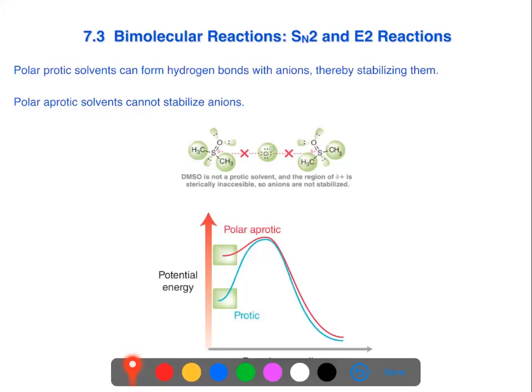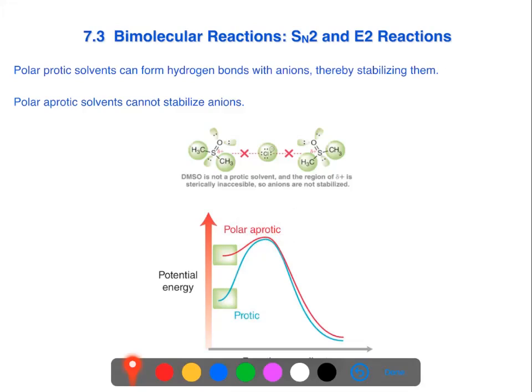And so if we compare the relative energy associated with the SN2 reaction, when we compare the solvent that is chosen for those reactions, we see that the barrier is much lower for polar aprotic solvents than for protic solvents. So with polar aprotic solvents, there's no hydrogen bonding ability and very little interaction with the nucleophile.